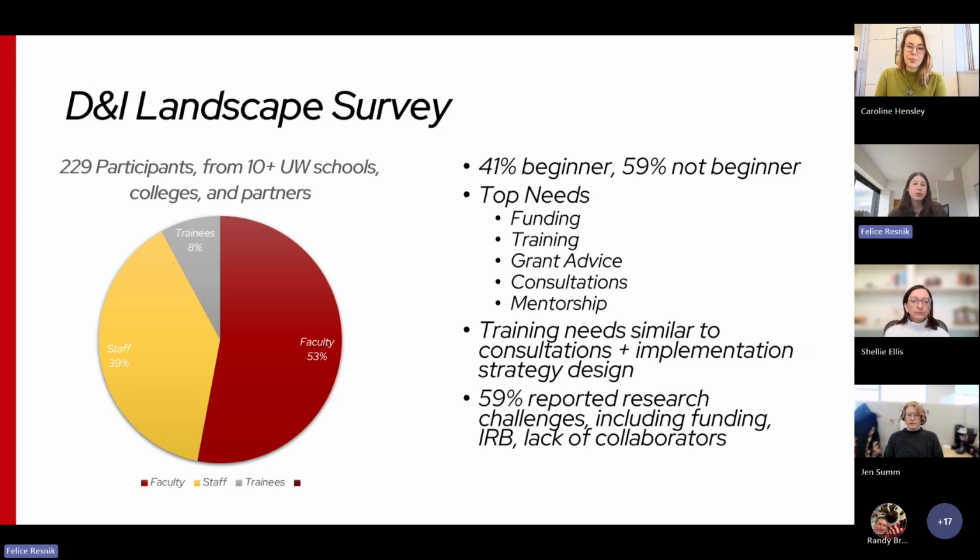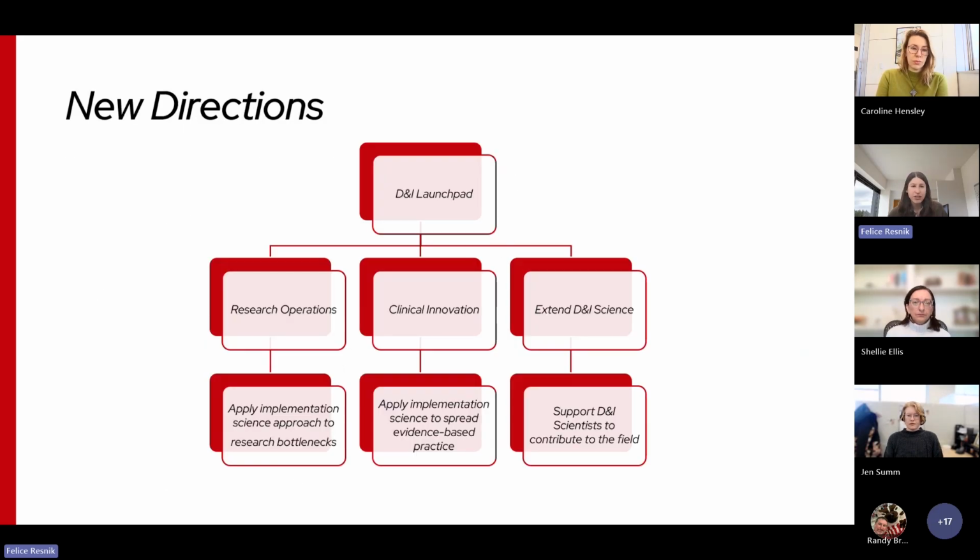We're working these results into our new direction, so really building out new implementation research opportunities and figuring out how we can extend D&I science. That includes how we can apply implementation science to support and approach bottlenecks in research, and thinking about how we can collaborate with new UW centers and institutes.